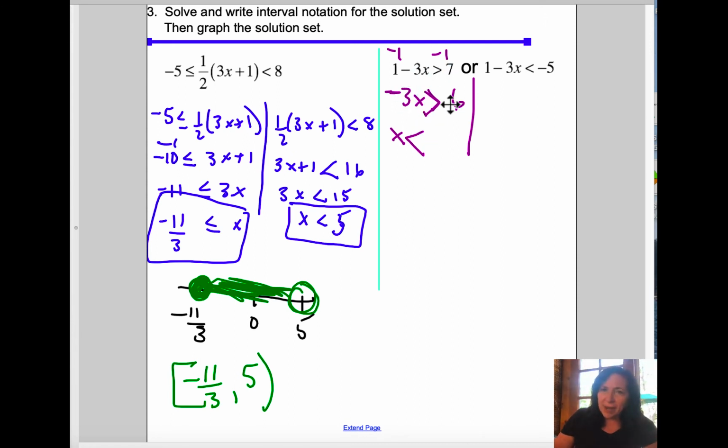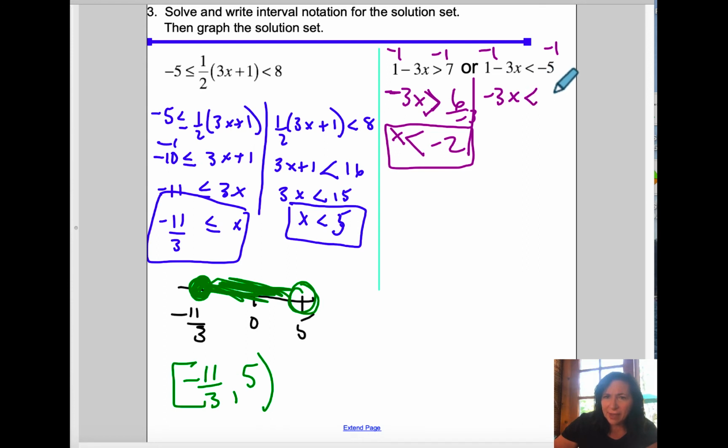So dividing by -3, I get -2. So there's one of my answers already. For this side, I'm going to subtract 1 from both sides, and I get -3x is less than -6. Again, I'm going to divide both sides by -3, and doing that, this is going to flip as well. So we have x is greater than 2.